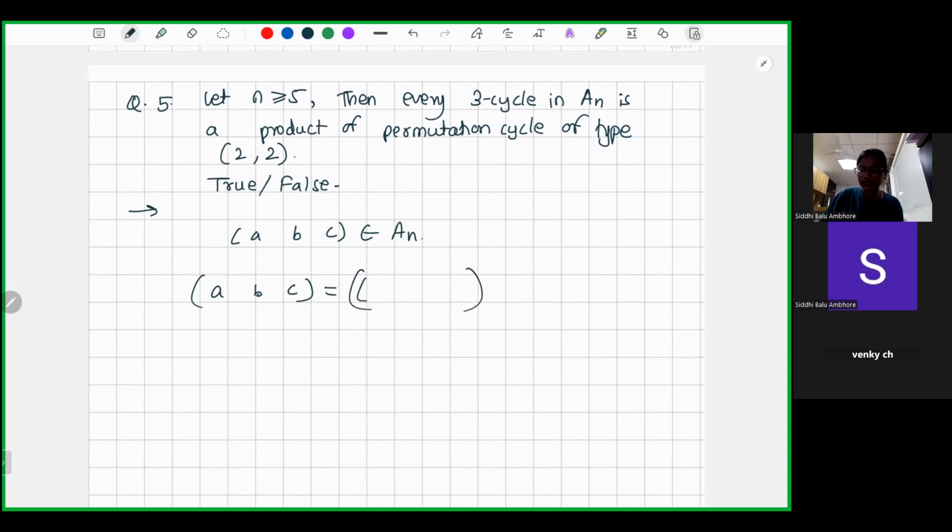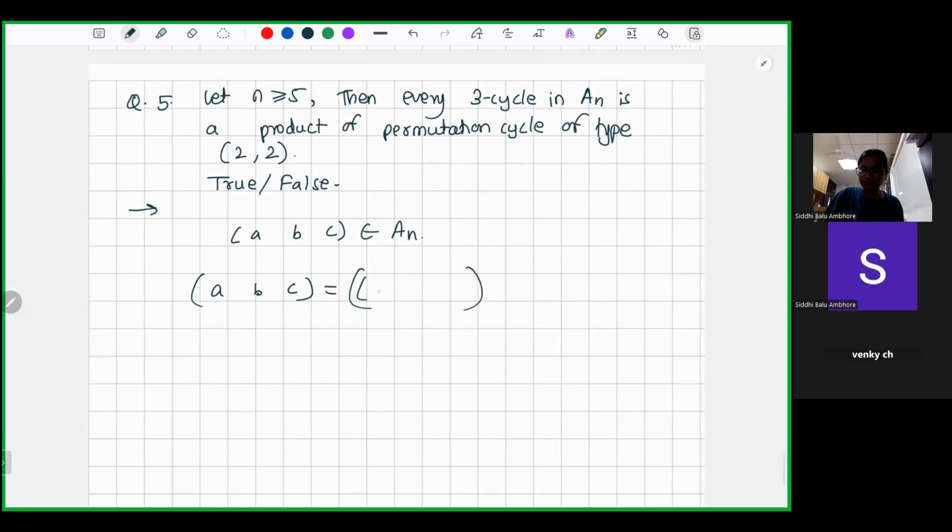Let me write them in this form: (E1 F1)(E2 F2) and (E3 F3)(E4 F4). So this is 2-2 type, and this is 2-2 type.